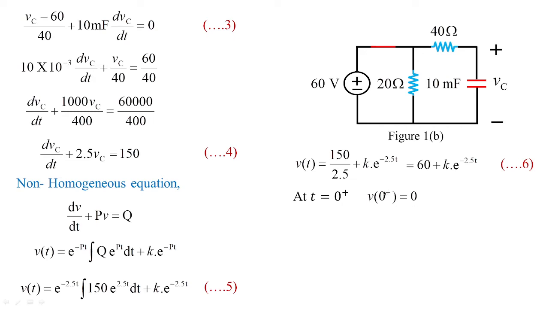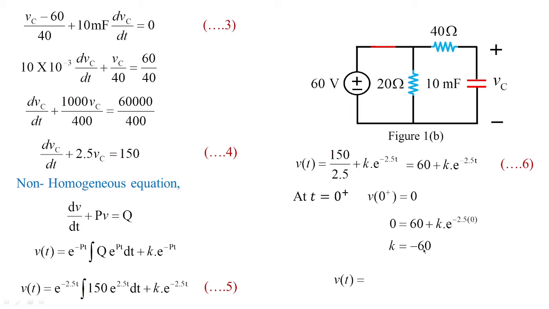We know that V of 0 plus is 0 volts. So I'm substituting here V of 0 as 0, which is equal to 60 as it is, plus k e to the power of minus 2.5 times 0. So e to the power of minus 2.5 times 0 becomes 1. Hence the value of k will be equal to minus 60.